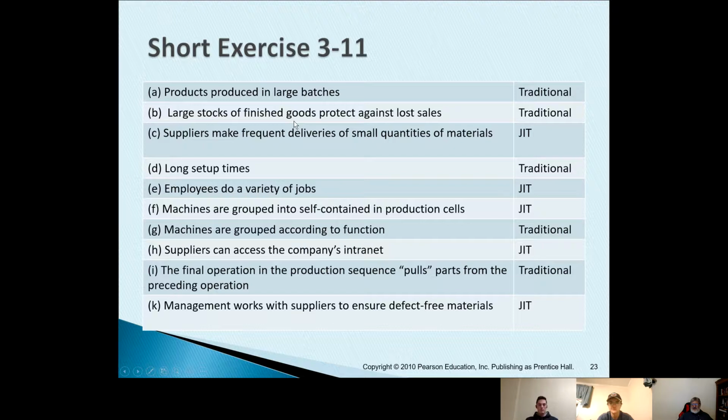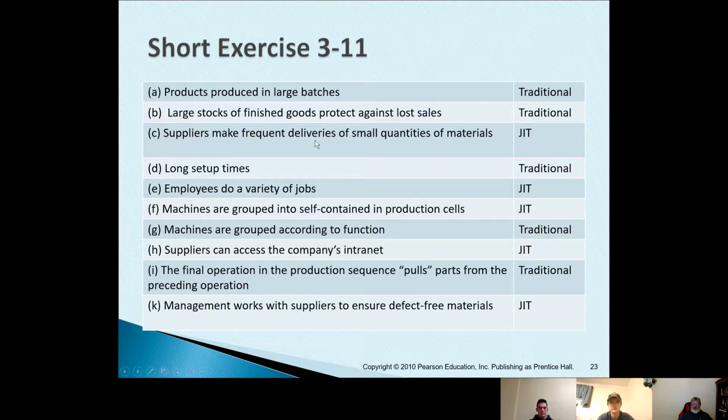Large stock of finished goods to protect against lost sales. Anybody that's keeping large stocks of finished goods in their warehouse so they don't take the chance of losing sales, that's traditional.